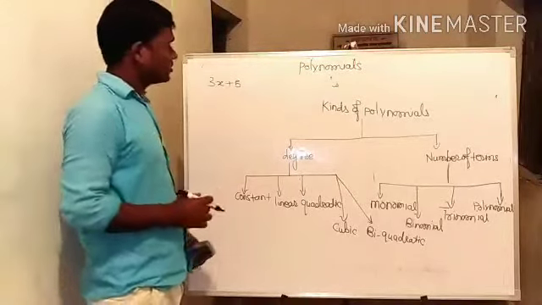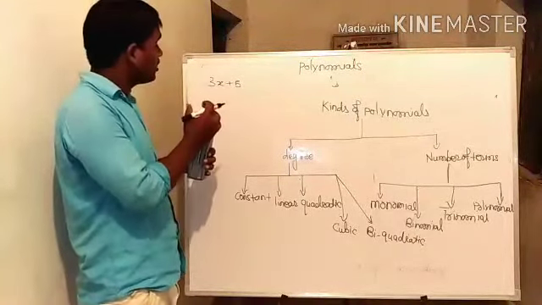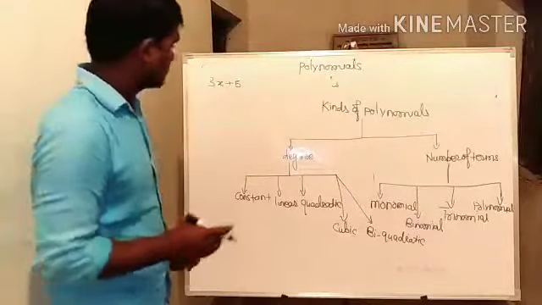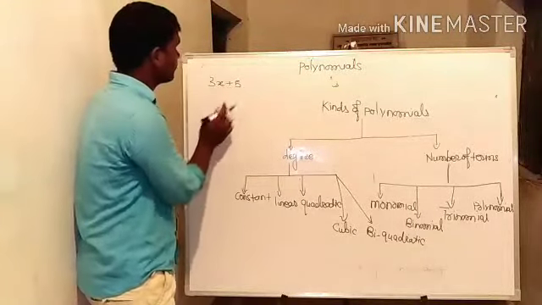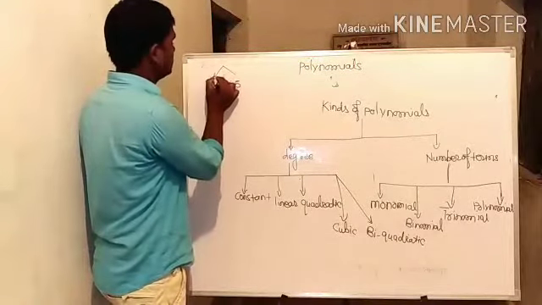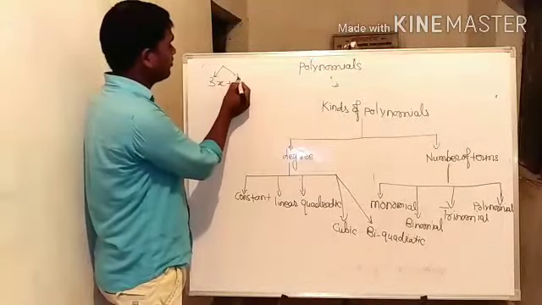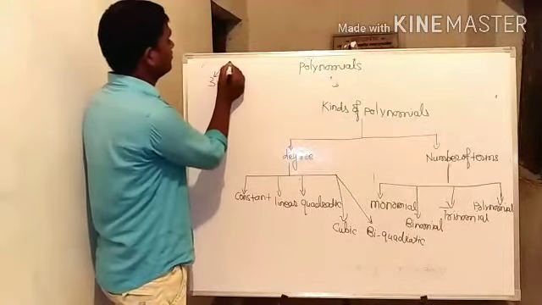In 3x plus 5, there are two terms. 3x is the first term and 5 is the second term.